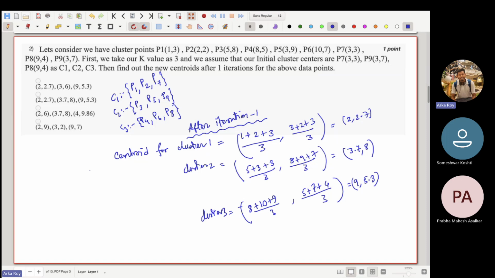So therefore, let us now just scan through the solution. 9.53, 3.78, and 2.27. Yeah, so this is the correct answer. In the last week also, we had seen a similar problem like this.